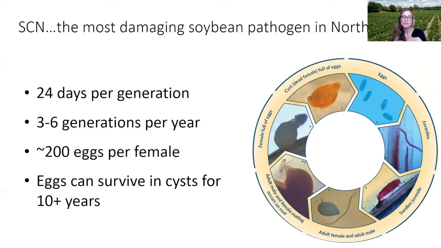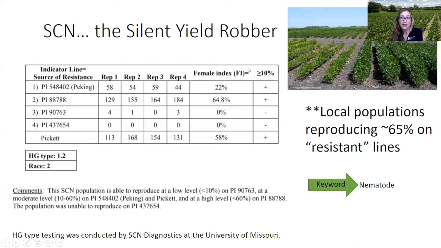And then once these hatch out, those eggs will be these J2s that are going to swim looking for some root exudates and feed on that, make a feeding site with the root. We can then have as many as 3 to 6 generations per year, depending on what kind of environmental conditions we're having. So really an opportunity to get a lot of nematodes in the soil, and because they're underground, often we don't know this is happening.